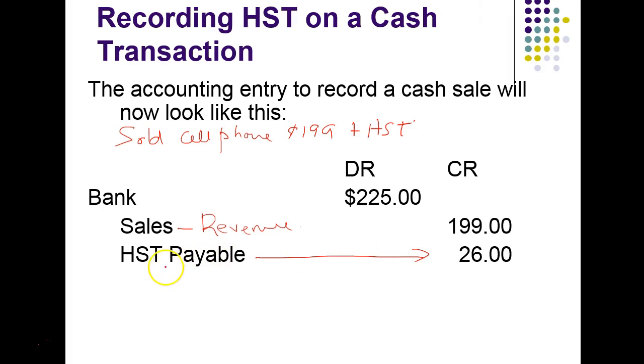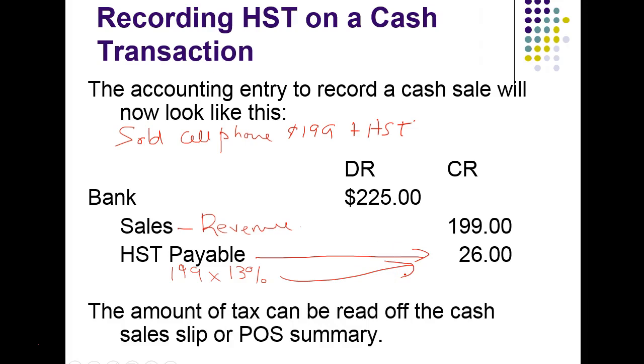This is calculated by taking 199 and multiplying it by 13%, and that's how I get that $26. The amount of tax can be read off of the cash sales slip, the source document, or the point of sale summary. So that's how the business is going to record that for each transaction: debit the bank, credit revenue, and credit HST payable for the amount of the HST.